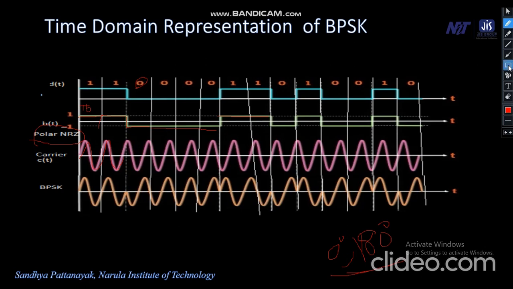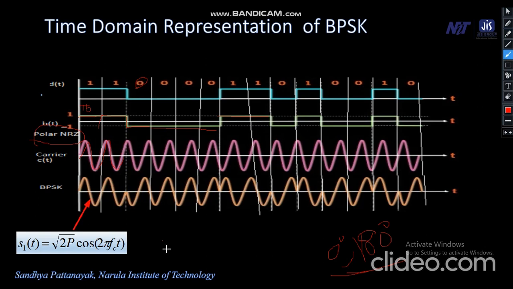Now let me tell you, when you transmit a binary 1, what is the modulated waveform? It is plus voltage multiplied with cos 2 pi fct. What will you get? Root over 2P cos 2 pi fct. So this waveform which you are getting here is equal to root over 2P cos 2 pi fct. Now again you are transmitting a binary 1.